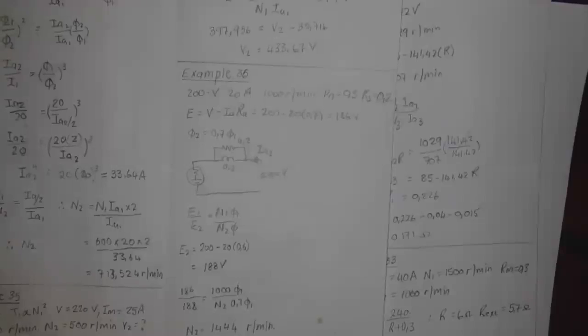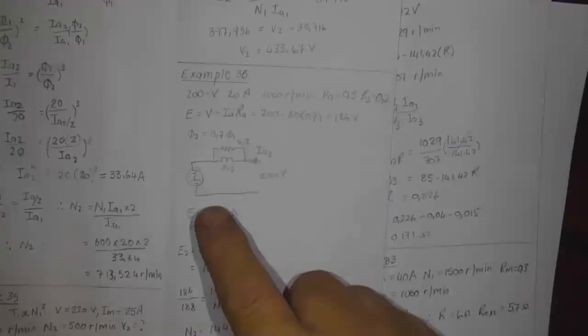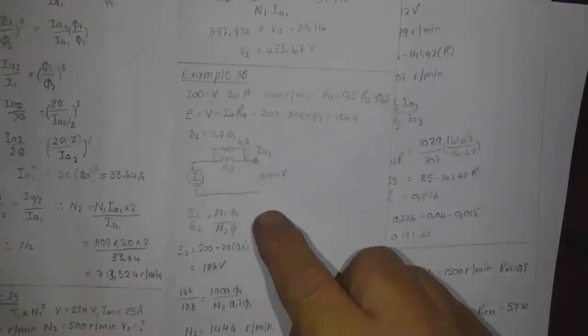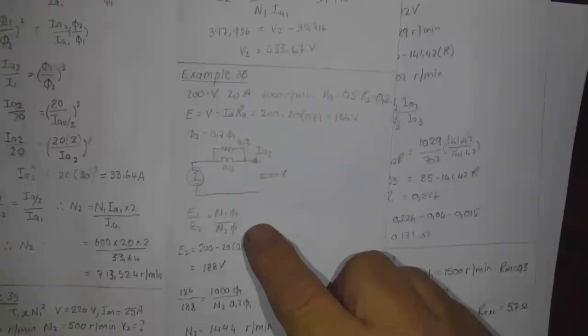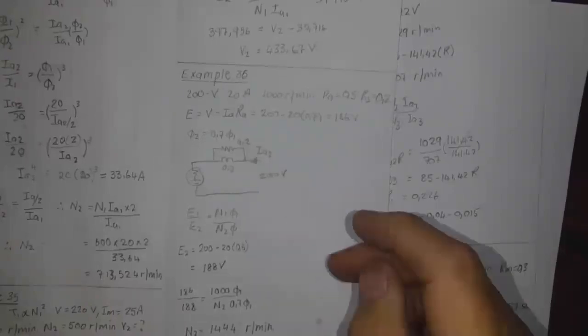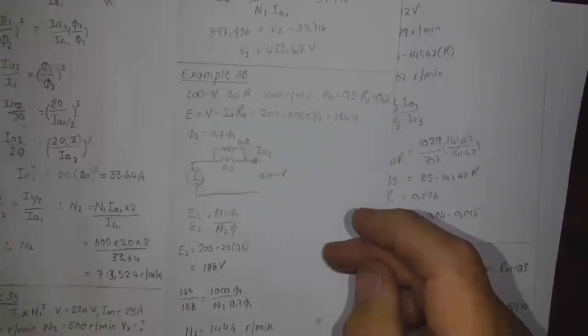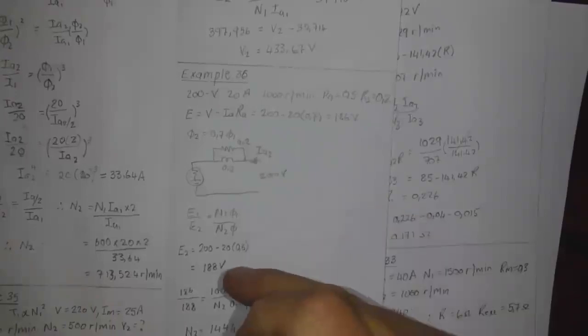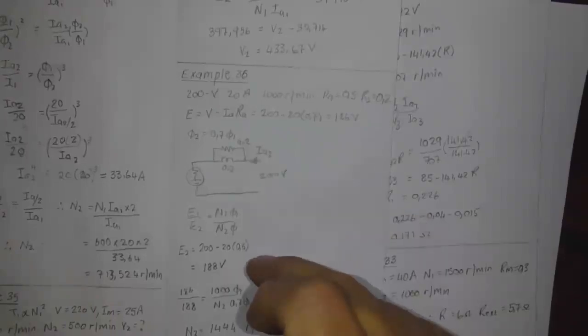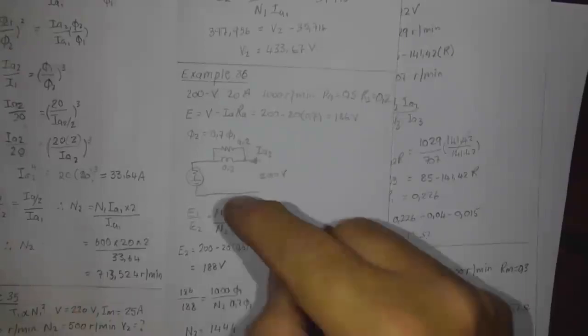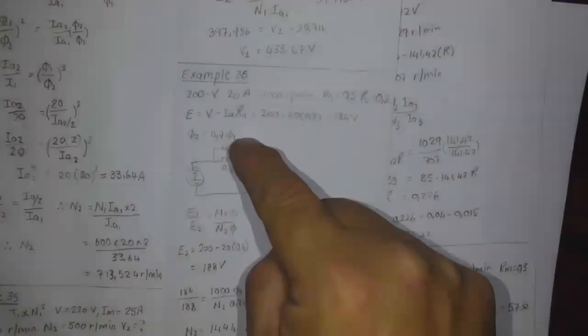Then E1 over E2 is N1 flux 1 over flux 2. That gives us 200 minus 20. Now, that 0.2 in parallel with 0.2 gives you 0.1.